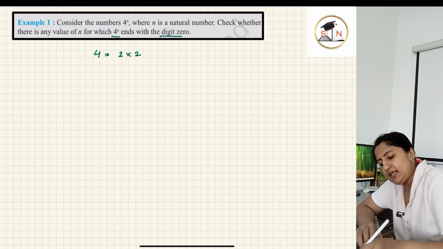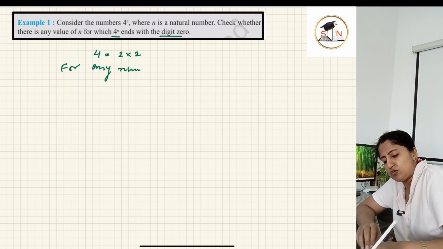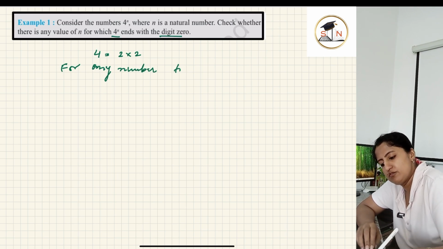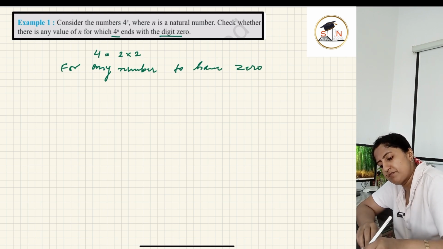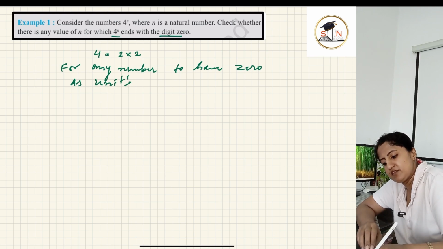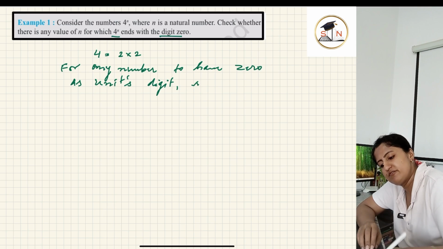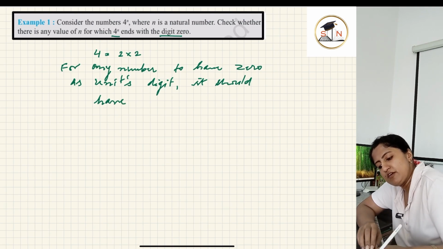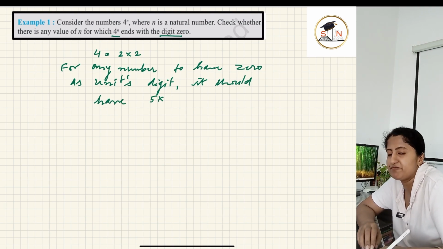Now, for any number to have 0 as its units digit, it should have 5 and 2 as its prime factors.